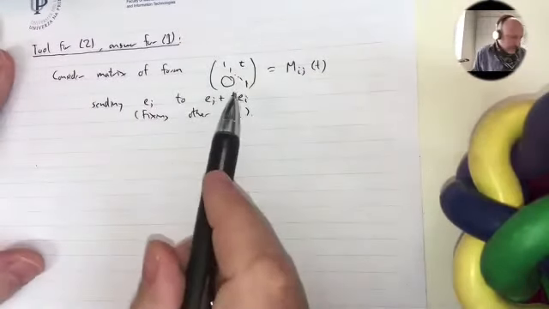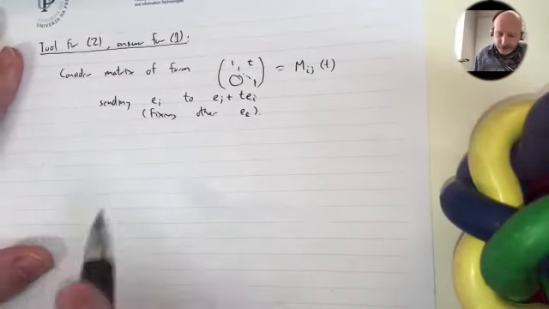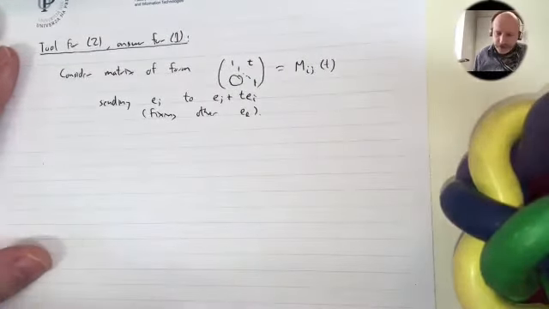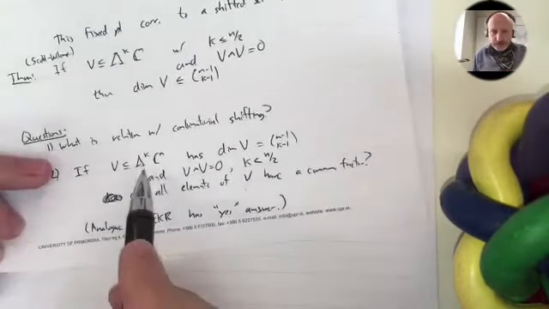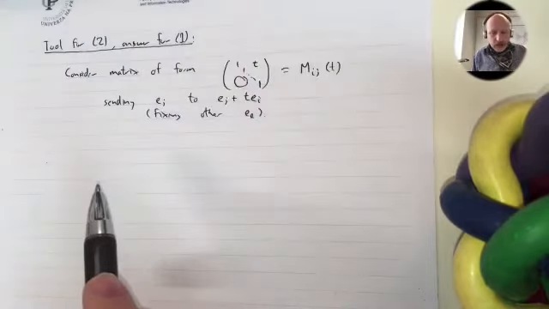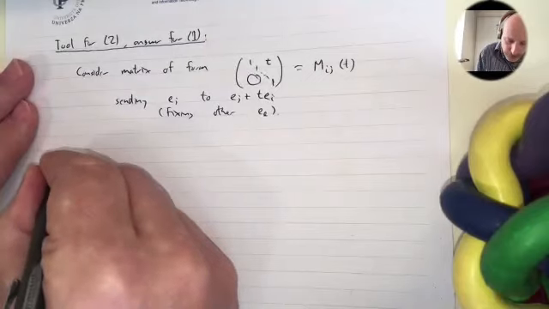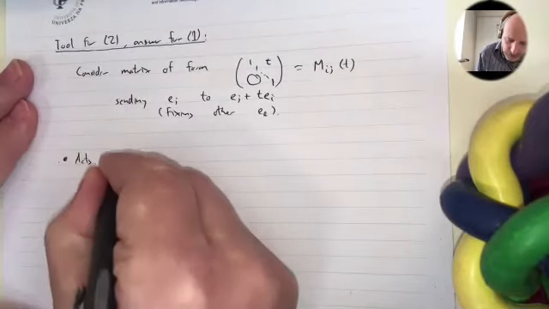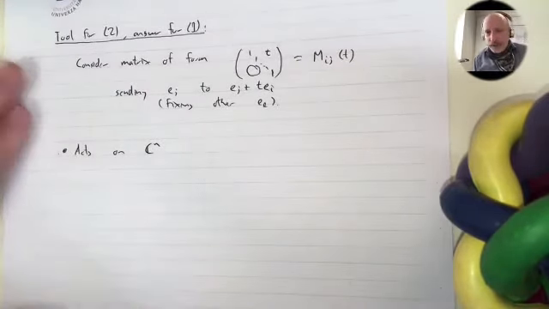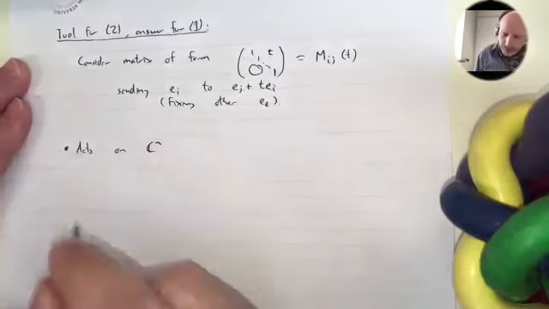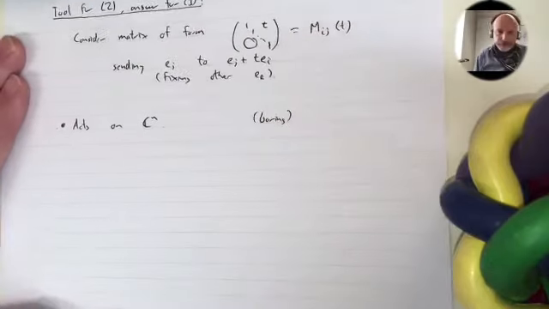This acts on a lot of things. One thing it acts on is Λ^k C^n. Let me build that up. It acts on C^n, surely, because that's what matrices do. It doesn't have a limit, and that's kind of boring to me.